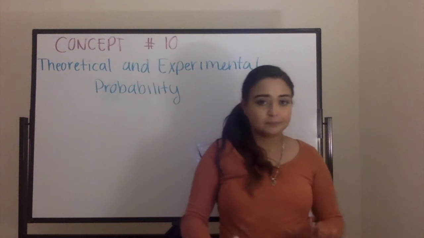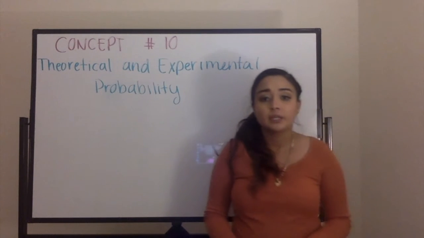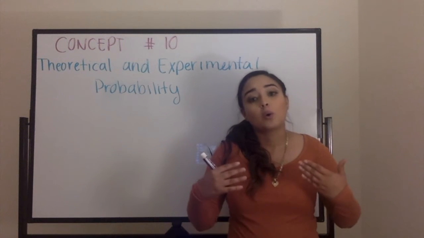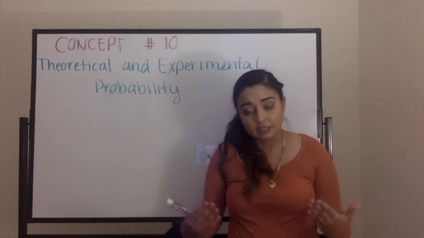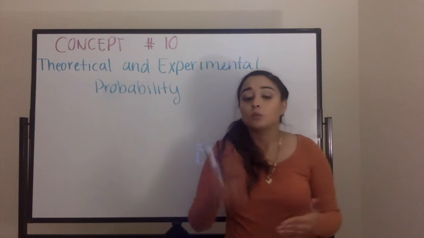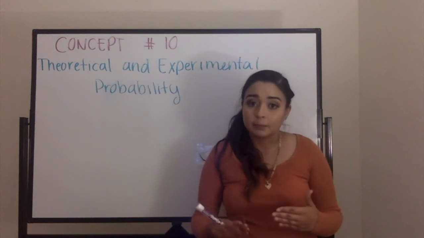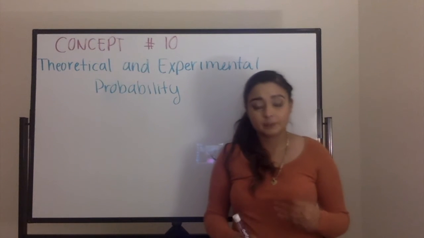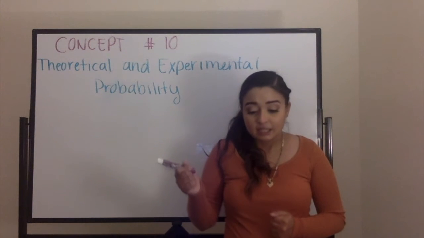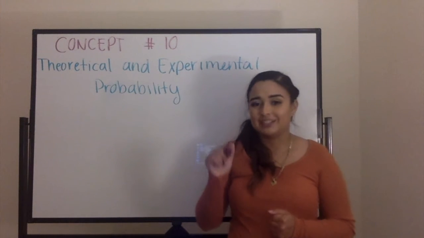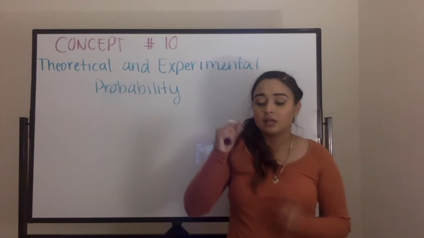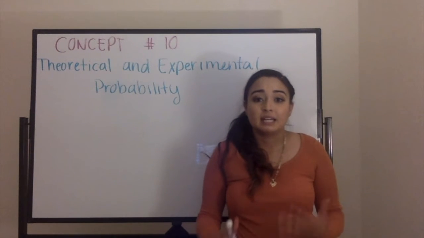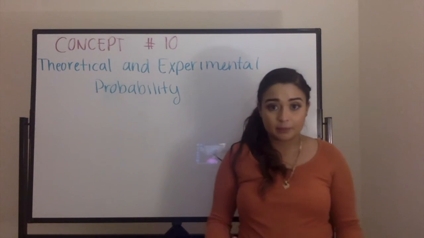For example, what is the probability of me rolling an even number on a die? Let's say I'm rolling just one die. What is the probability of me getting an even number?